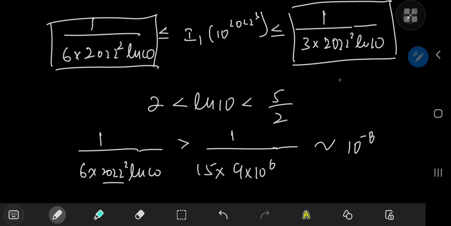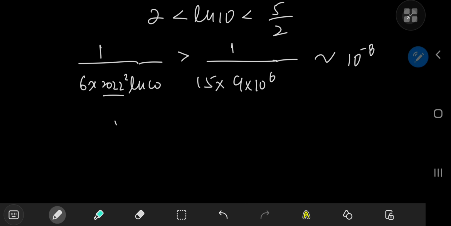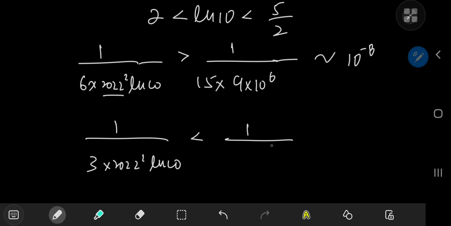And what about the upper bound? Well, for the upper bound we replace 2022 by 2000, right? So we have 3 times 8 times 10 to the 6th power, and replace log 10 by 2. Okay, cool. So we have 6 times 8, which is 48, a 2-digit number.